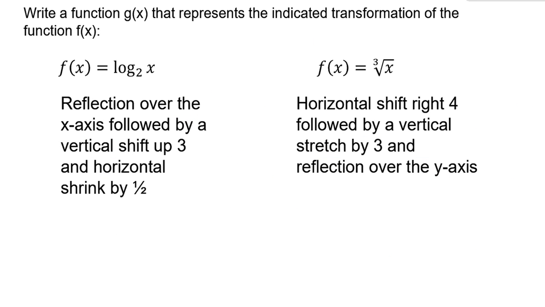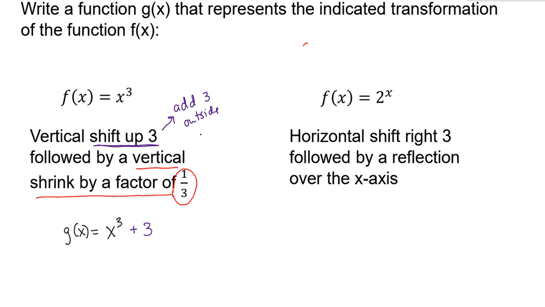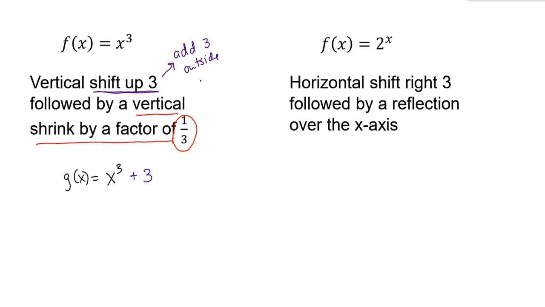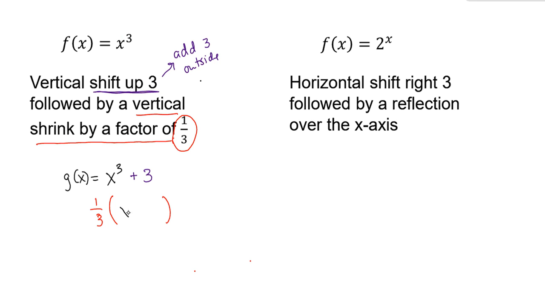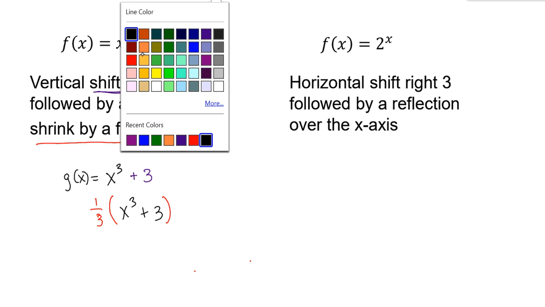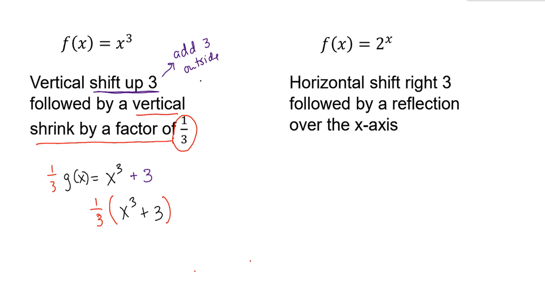Well, where we're at right now is we've actually already applied one transformation. So when I'm going to go through and multiply g of x by that 1/3, I'm going to be multiplying everything by that. That would be equivalent to me taking 1/3 times that whole thing.